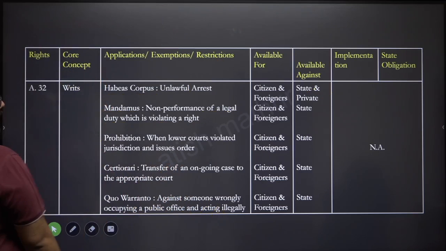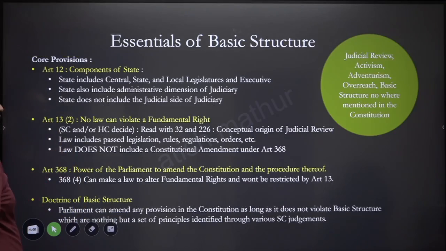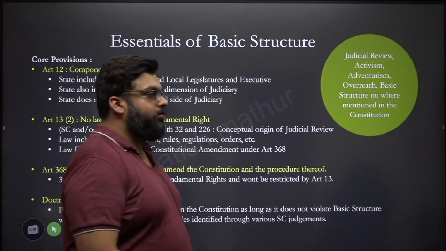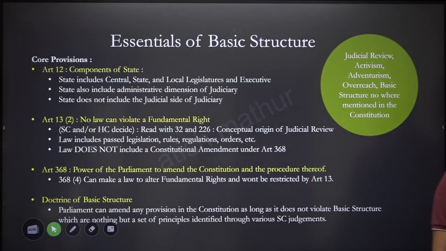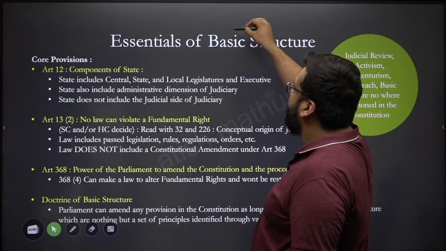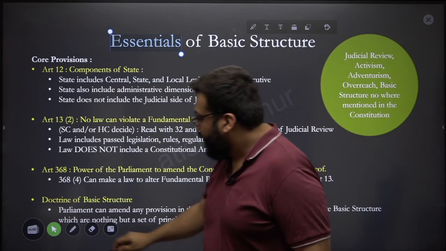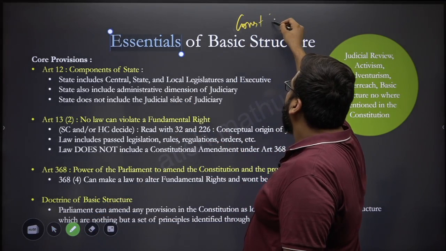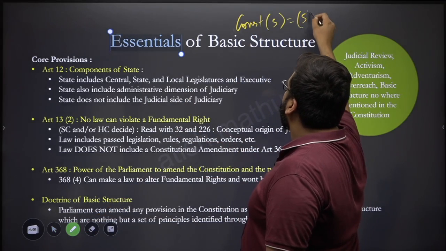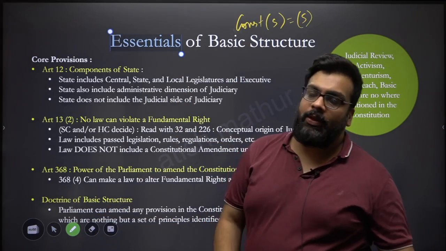Now comes the final element, which is often discussed in great depth. Now, the essentials of basic structure. The essentials of basic structure largely originate from a larger discussion, which is, if the Constitution is supreme, then how supreme is the Constitution? I understand the Constitution is supreme.